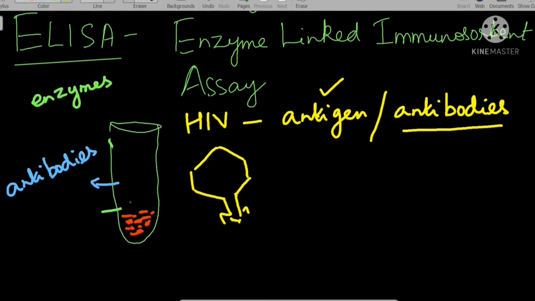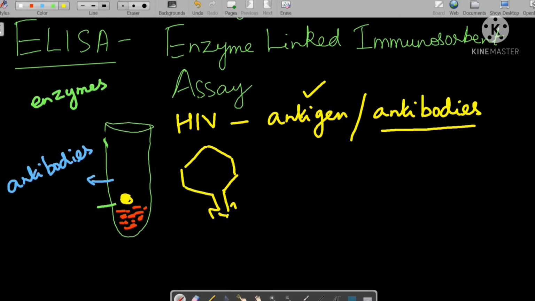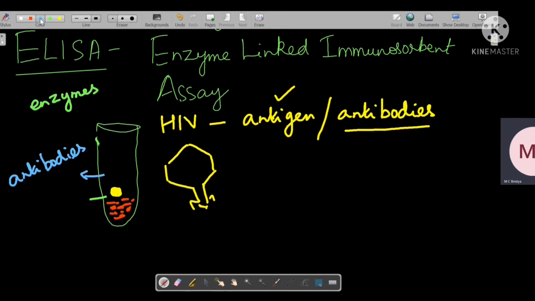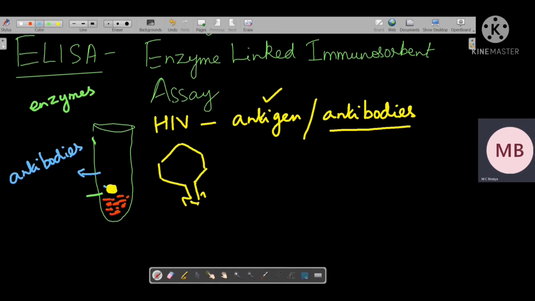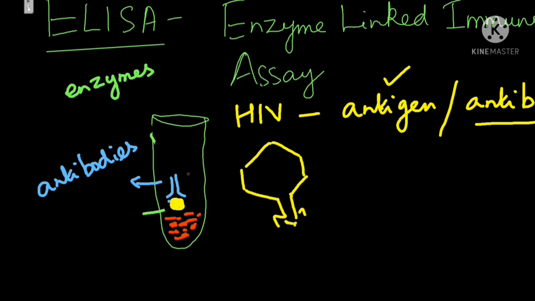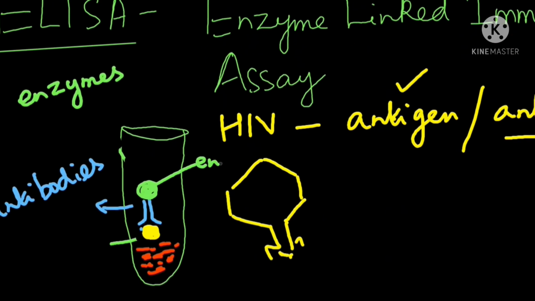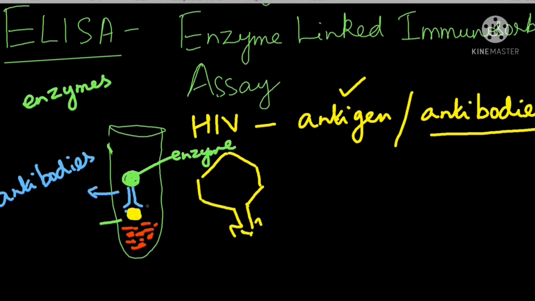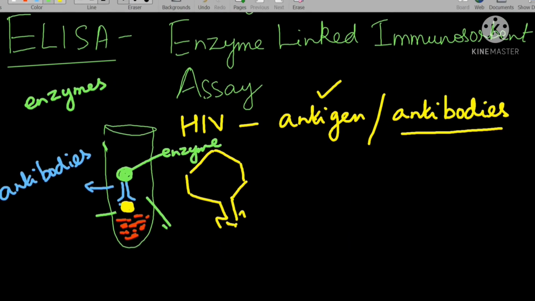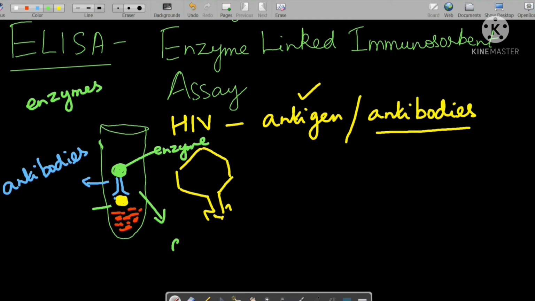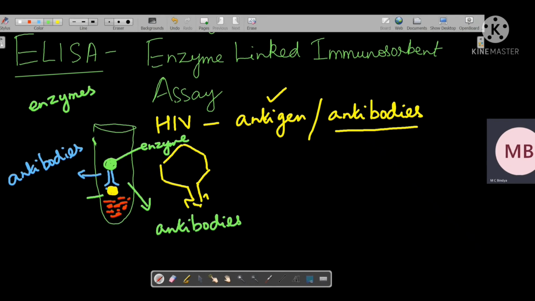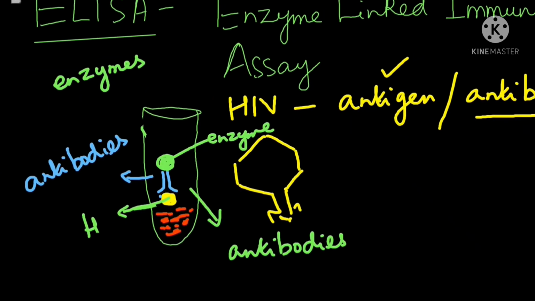The same method can be used to detect whether antibodies in response to HIV are present in the blood sample or not. If there was antibody in response to this, then when the enzyme has been added, it will link with the antibodies present, which means that the patient's body had been producing antibodies against the matching virus, that is the HIV virus.